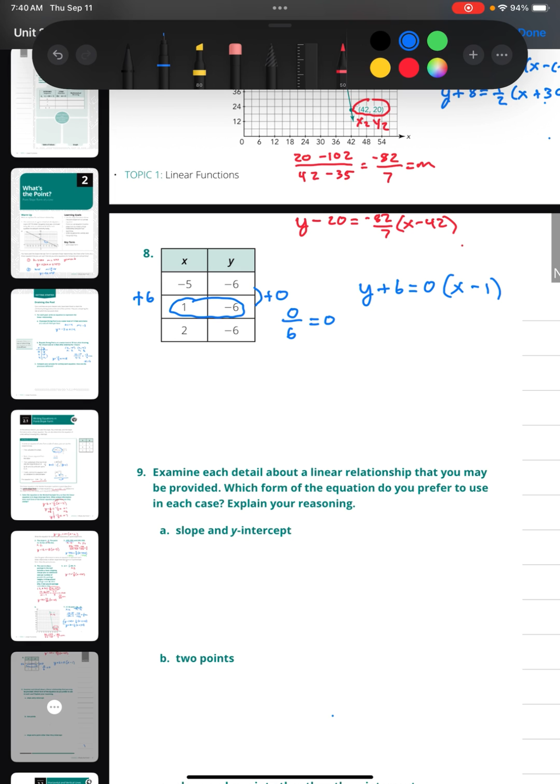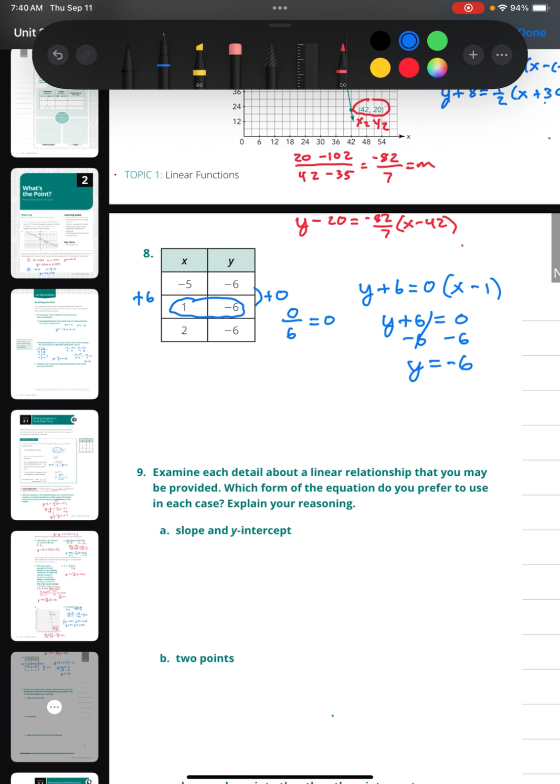Now, this is leading to what we're going to get to here in just a minute with vertical and horizontal lines. If I distribute that 0, everything on the right side becomes 0. So all we're left with is y plus 6 equals 0. And if we now solve that for y, we're going to get negative 6.